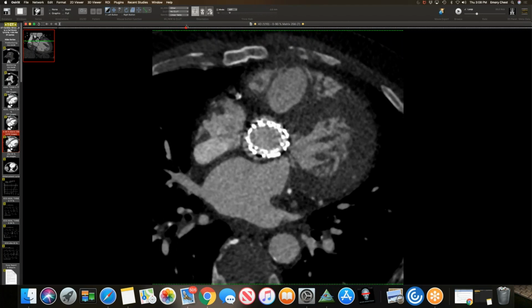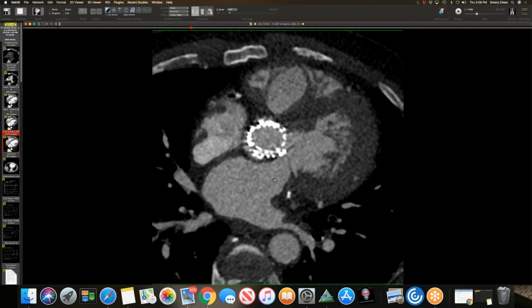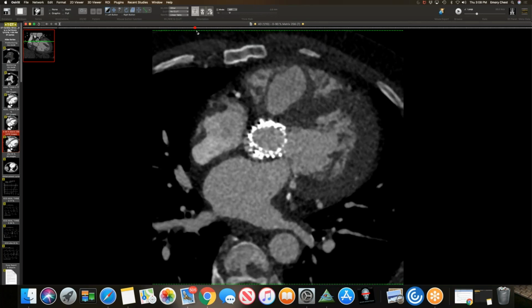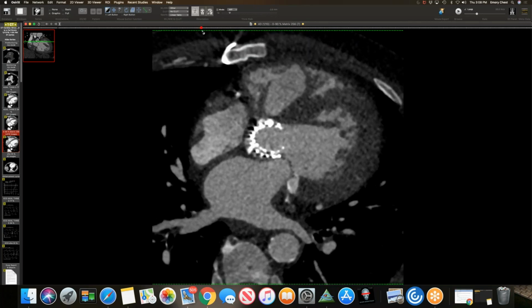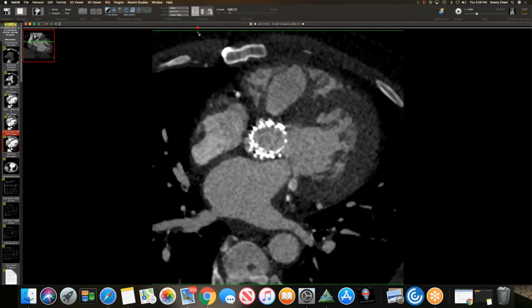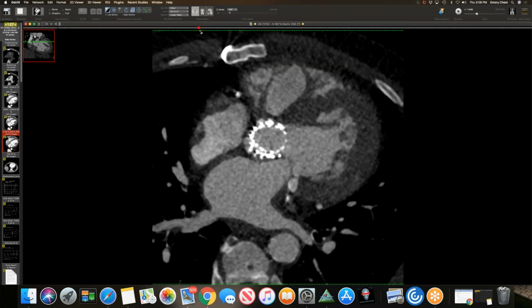So it's actually a TAVR in TAVR procedure, and you can see the two TAVIs there. They were post-op. They thought everything went well, and they were ready to discharge him, except he's having some chest pain. So they got this structural cardiac CT just to look at anatomy.